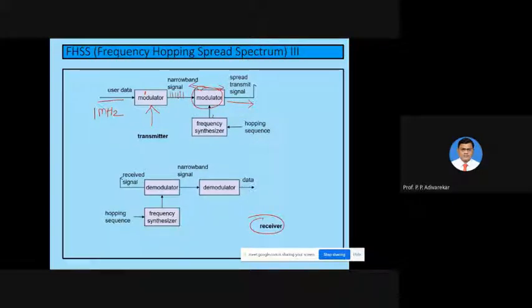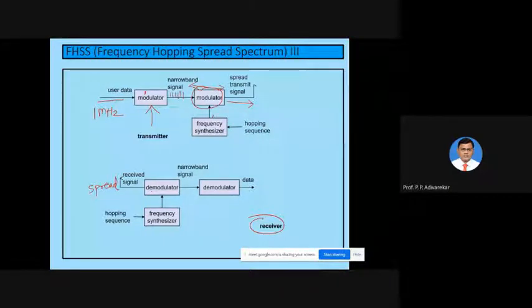The receiver is exactly the reverse procedure of transmission. The signal we get as output from the transmitter will be the spread signal, and that will be given to the demodulator, and it will demodulate using the same hopping sequence and the same frequency synthesizer.